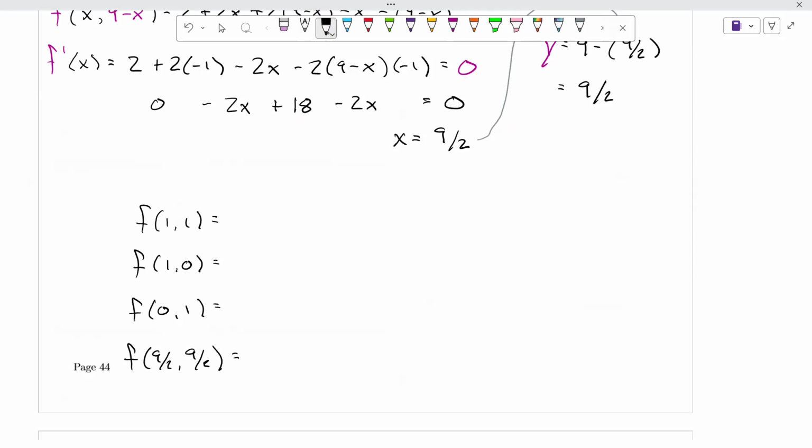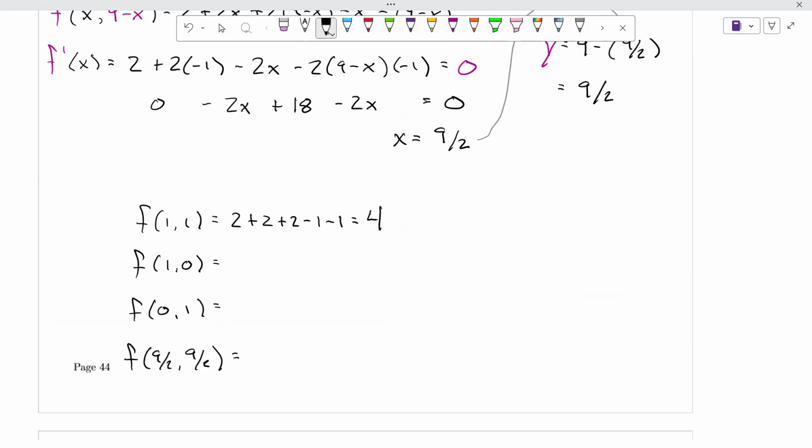And I'll just start by getting these points. 1, 1 is going to be 2 plus 2 plus 2 minus 1 minus 1. And that is a number. I think it's 4. Sure. Someone let me know if I whiffed on that.